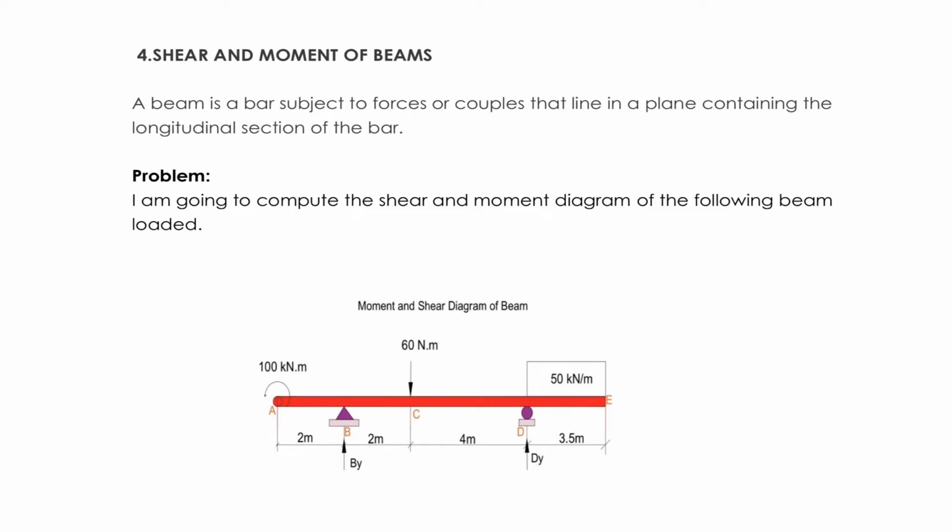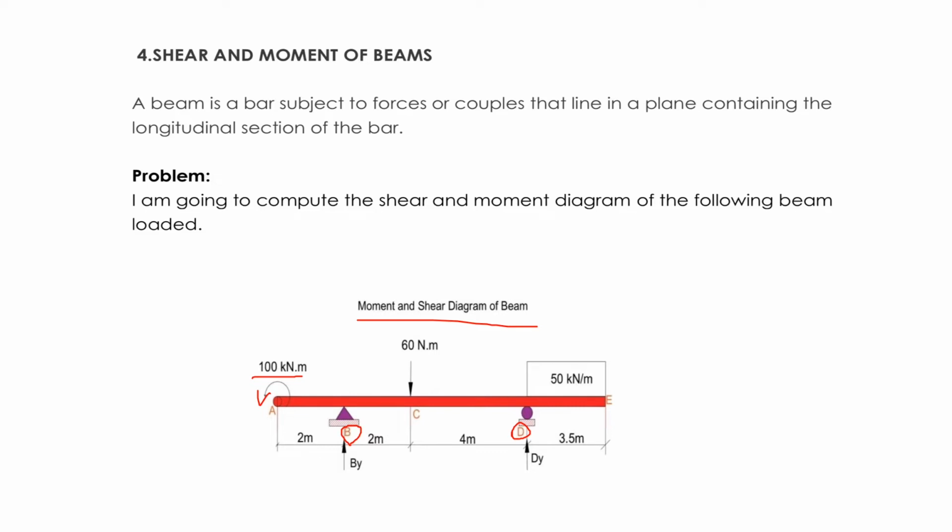The support, a hinge, is at section B, and at section D is a roller support. And then the moment direction is counterclockwise at A, then 100 kN, and the load acting on section C is going downward, 60 Newton meter, respectively.